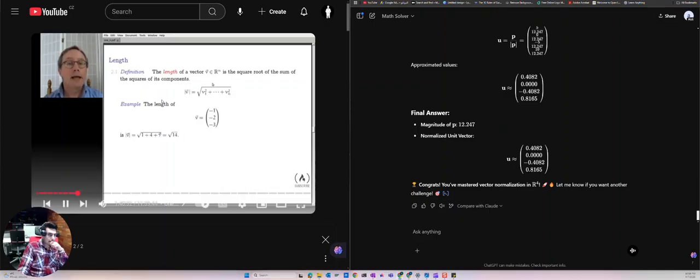Okay, so the length of a vector. Length of a vector is the Pythagorean length. You square each of the components, sum them up, and take the square root.